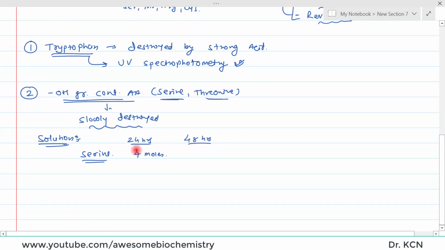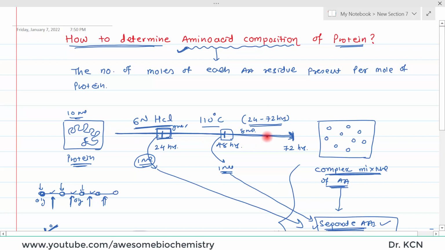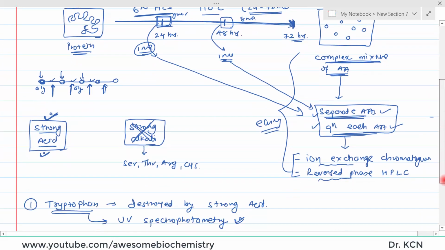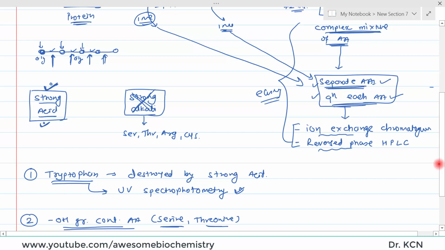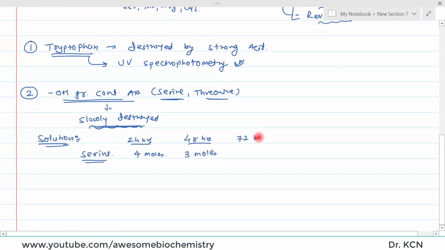At the first 24 hours it was 4 moles, and as they are slowly destroyed, suppose I get 3 moles. Then I end the heating at 72 hours, and along with the bulk I also estimate serine, right? Suppose at the end of 72 hours I get only 2 moles.